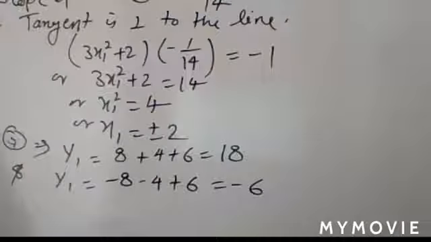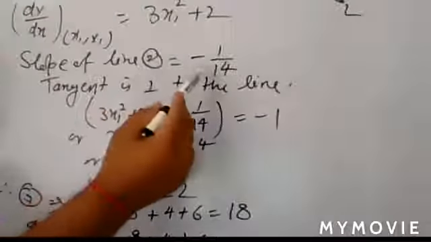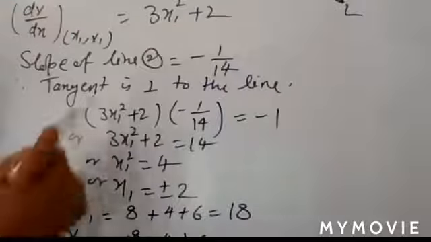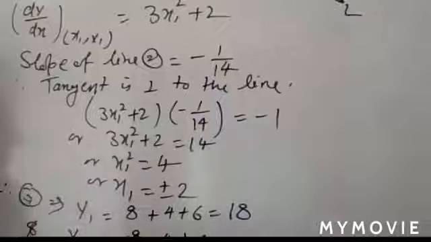For all these points, you have to find the equation of tangent. Understand? But if you find the equation of tangent, the slope of tangent is also required. So how do you find the slope of tangent? Just listen to one concept. Here the slope of the line is already given, which is -1 upon 14, and the tangent is perpendicular to it.